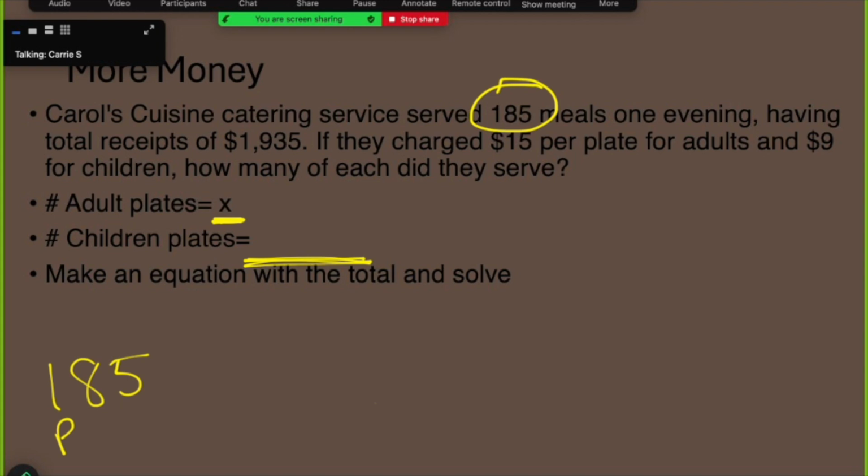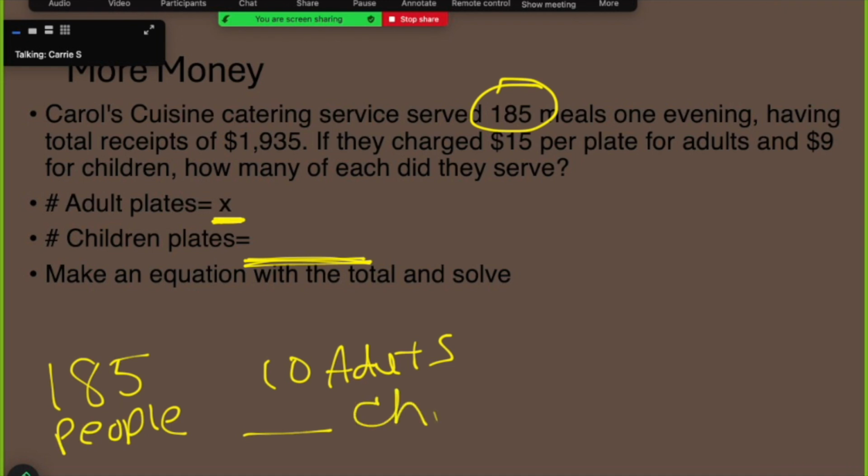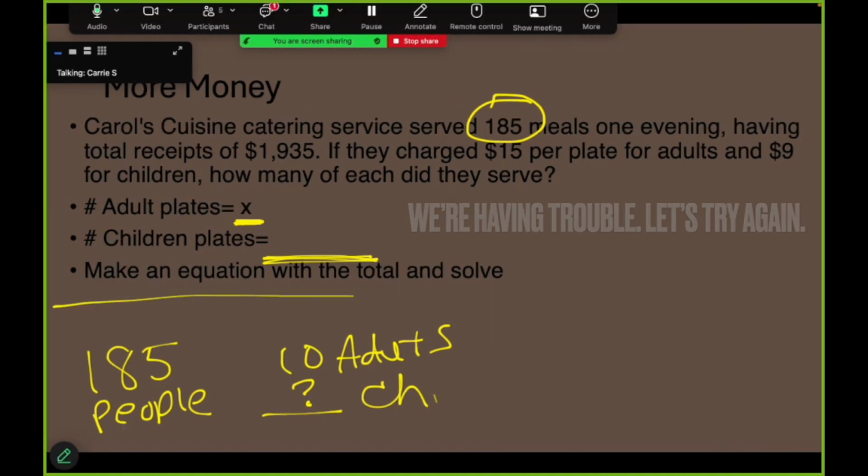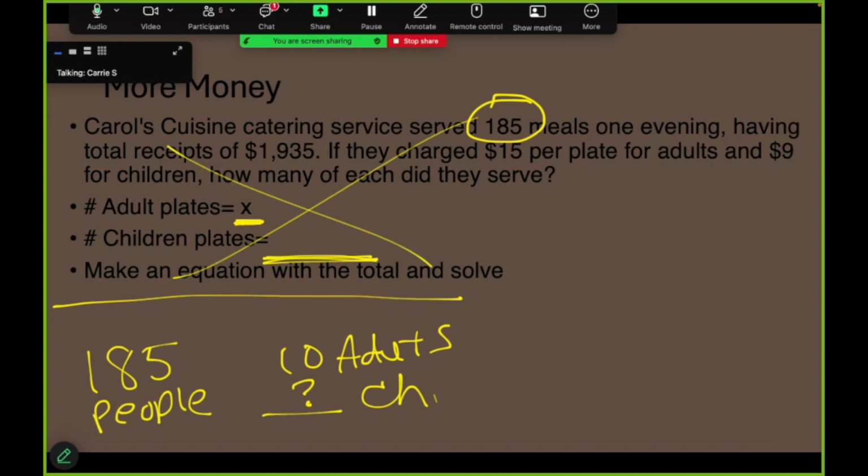You ready? If I had 10 adults, how many children would I have? Okay, that's why I'm asking. Forget this problem up here for a minute, except for the 185 people. If I had 10 adults, and there's a total of 185 people, how many children are there?